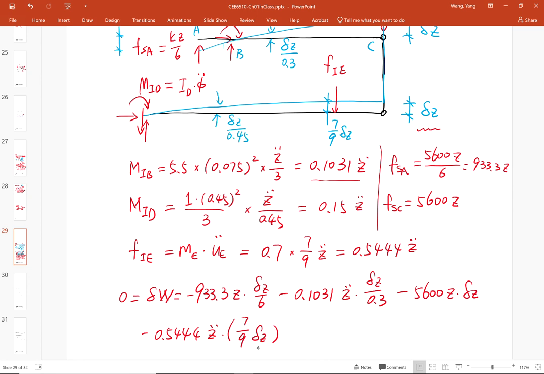Okay, the final piece is this MID, inertial moment at D. And that again is negative work. That is 0.15 Z double dot multiplying the angle delta Z divided by 0.45.